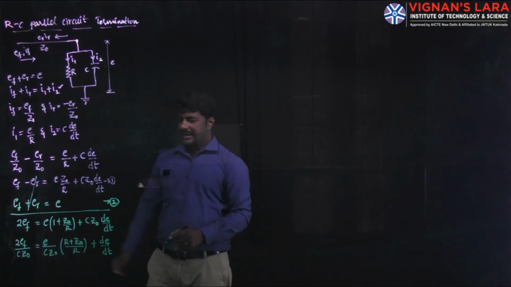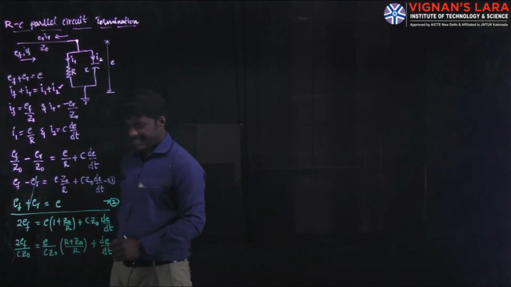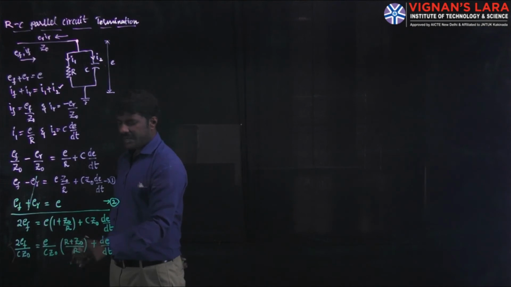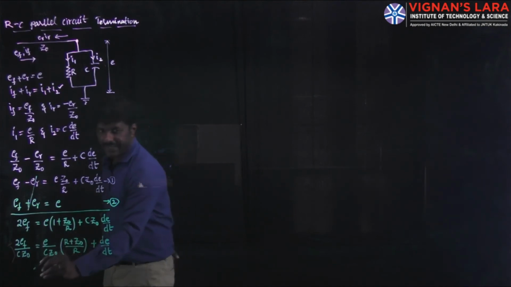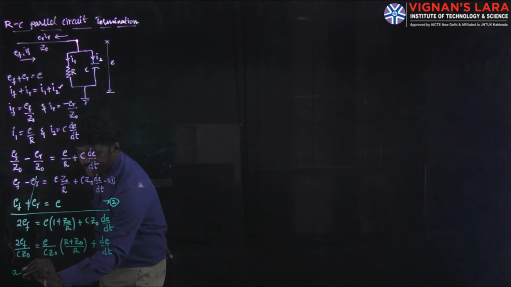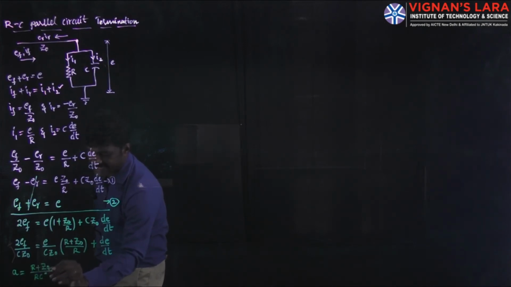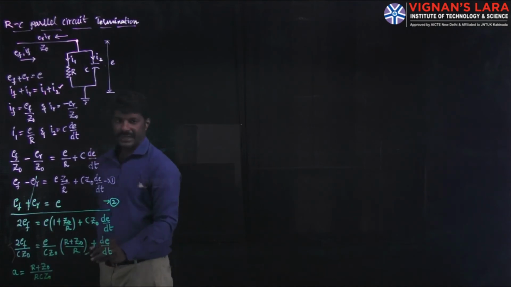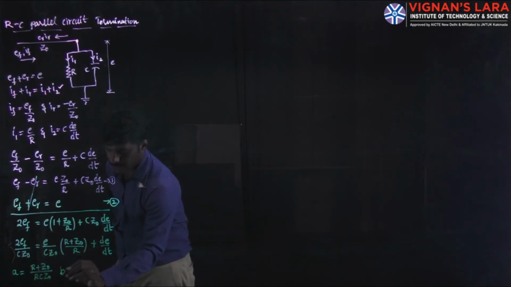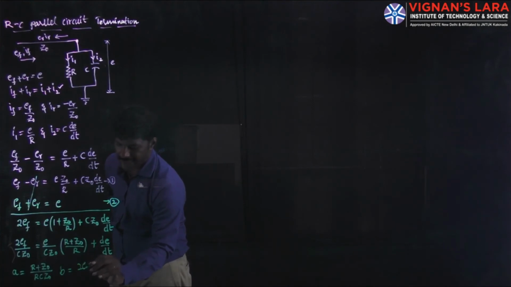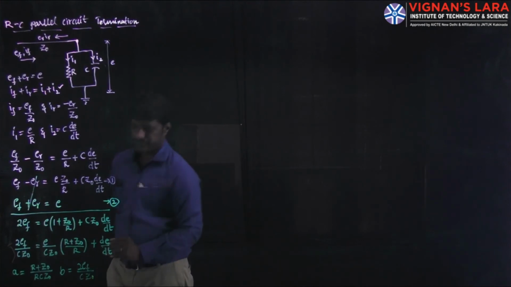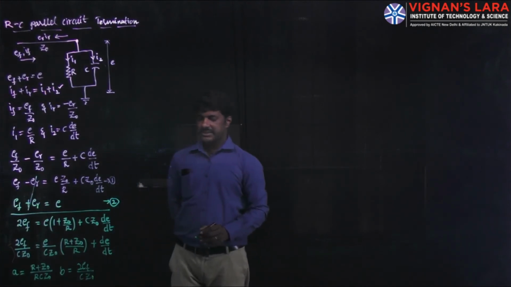So here after simplification what we get is A and B simplifications. Let me take that analysis as, let A is equal to R plus Z naught by R C Z naught, and B is equal to 2EF by C Z naught. A is equal to that much and B is equal to this much.